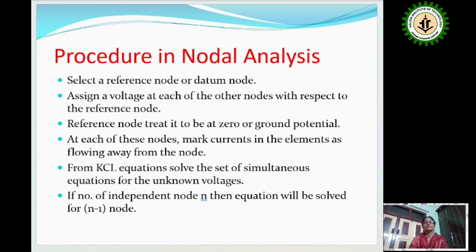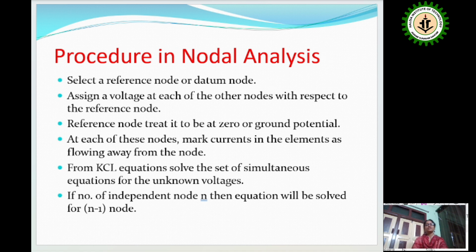First step, select a reference node or datum node. After that, reference node, treat it to be at zero or ground potential. Then assign a voltage at each of the other nodes with respect to the reference node.